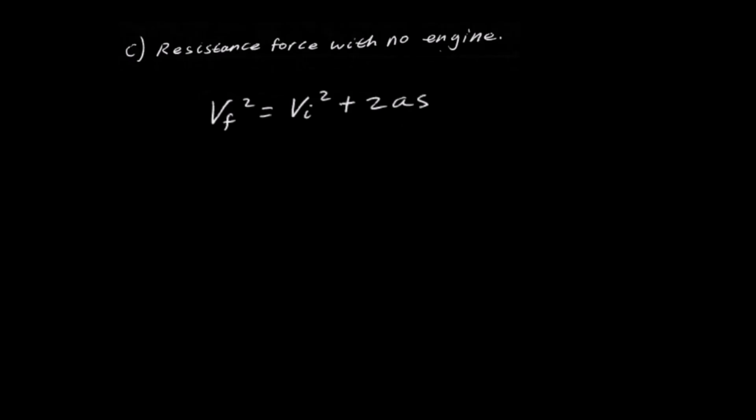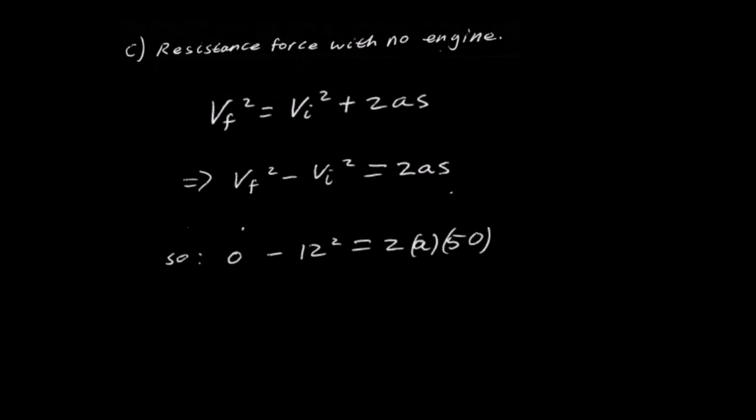This means we can use Vf squared equals Vi squared plus 2as, stepping back into kinematics once again. This means Vf squared minus Vi squared is equal to 2as. Now we have a final velocity of 0 and an initial velocity of 12. This is equal to 2 times a times 50. A rearrangement will give you an a of 1.44 meters per second squared.